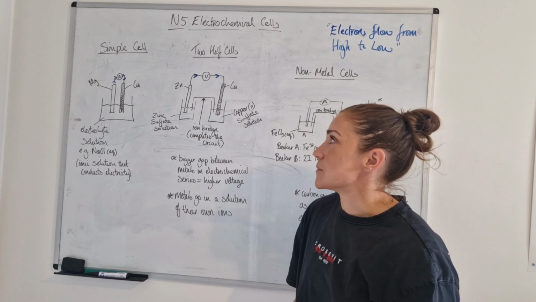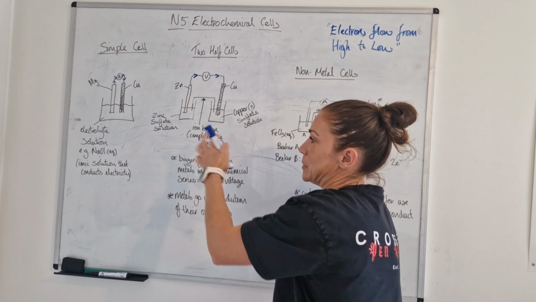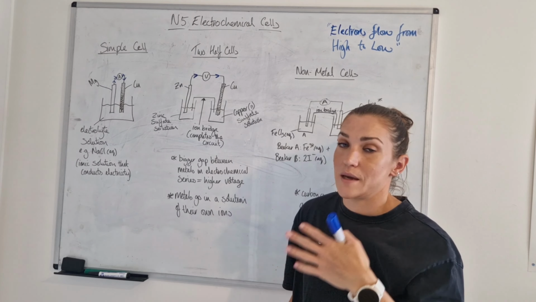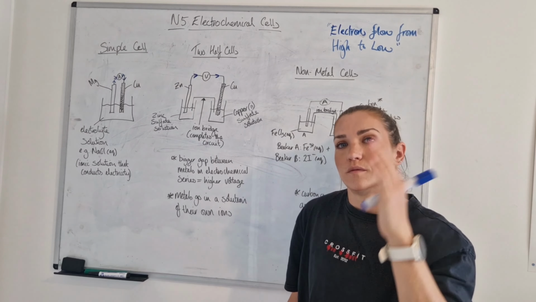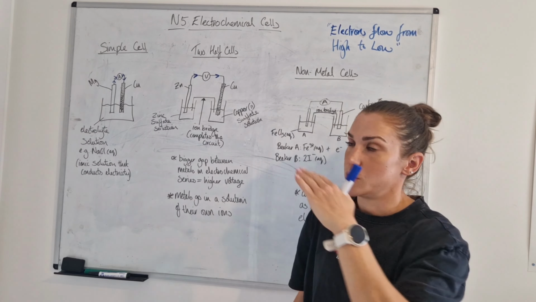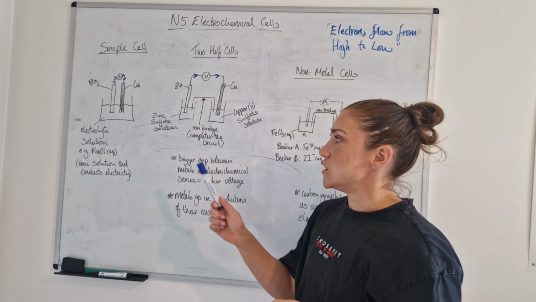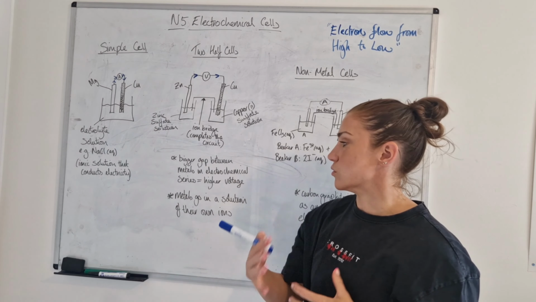Sometimes you can be asked to complete these diagrams labelling what's in the beakers, and they'll have given you solutions or chemicals that are involved in the cell. You just basically need to take the chemicals they've given you and put them on the diagram. But what you need to remember in this instance is that the metals will go in a solution of their own ions.